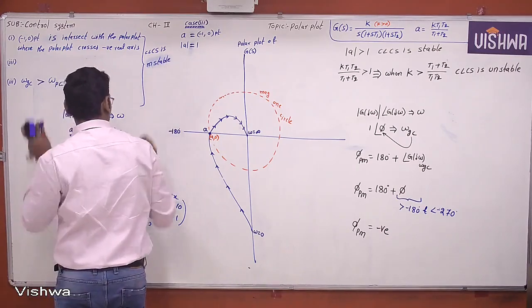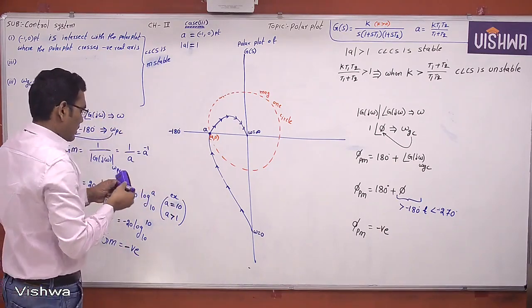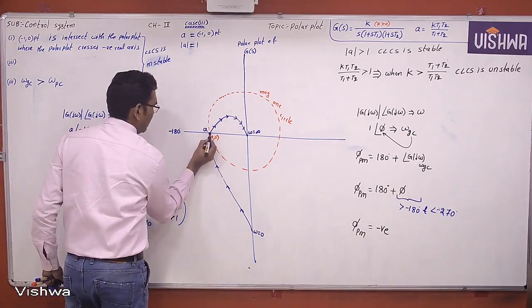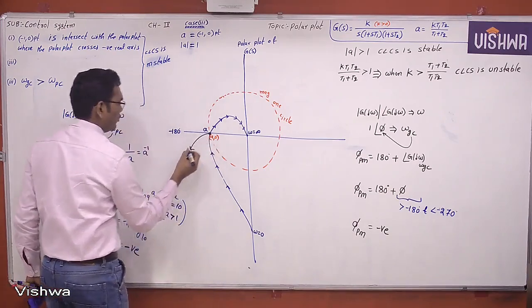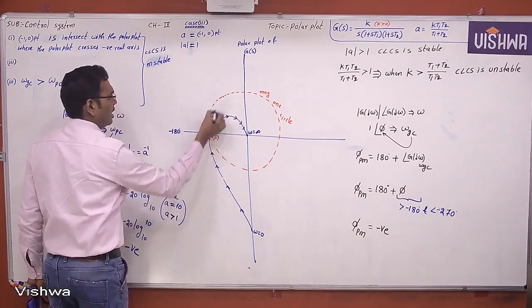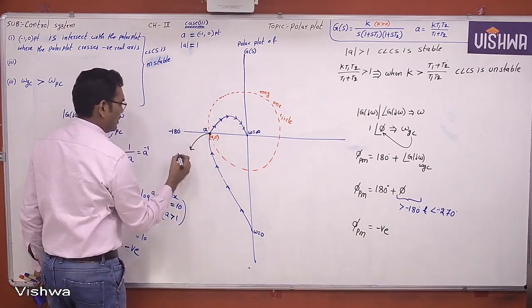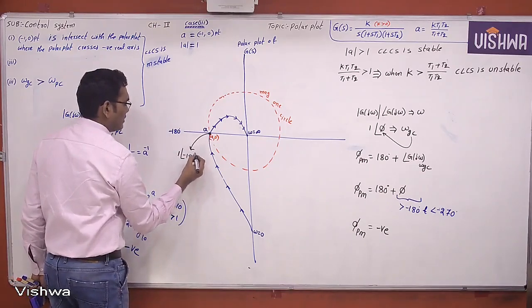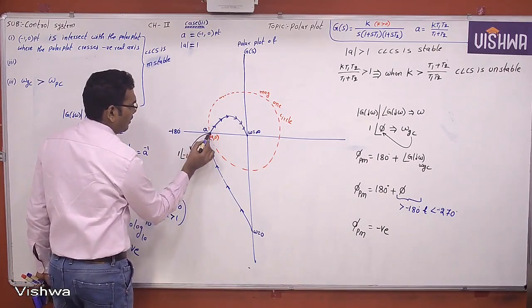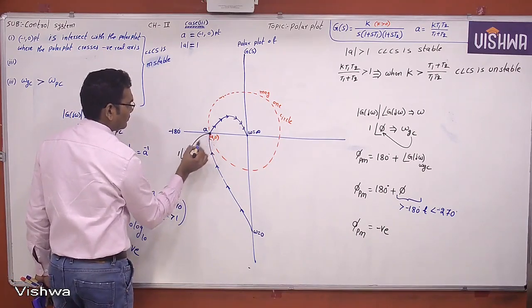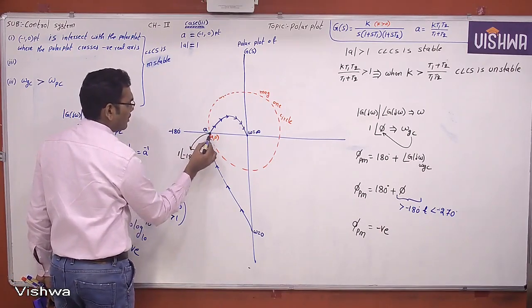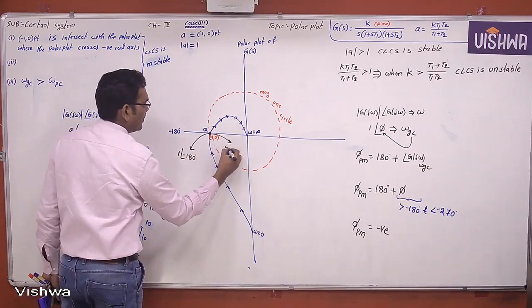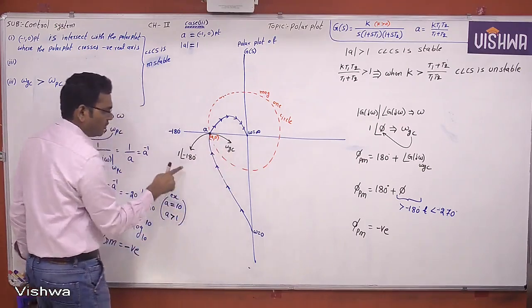Let us check whether this is correct or not. If I take a point here, what is the magnitude? Magnitude A equals 1, that is, 1 at an angle of minus 180 degrees. When magnitude is 1, this particular frequency is called the gain crossover frequency.